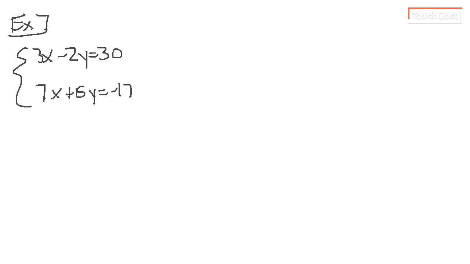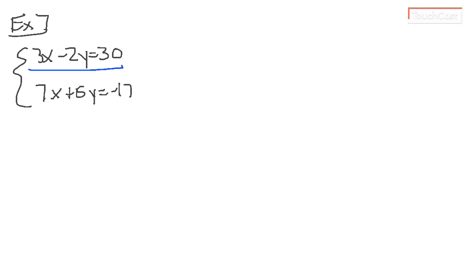Now, in this case, we don't have one of the variables with a coefficient of 1 or even negative 1. So we need to solve for one of the variables. I look at this system and I think, if I'm looking at it correctly, if I solve for x in the first equation, it shouldn't be too bad.